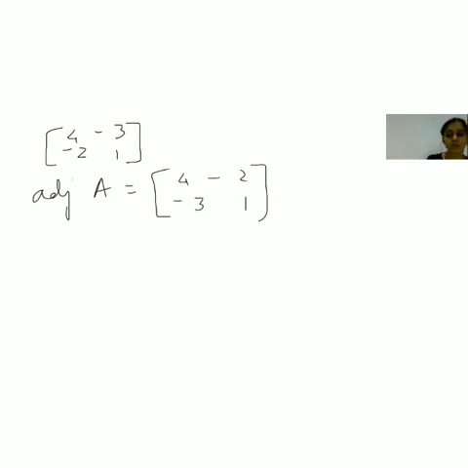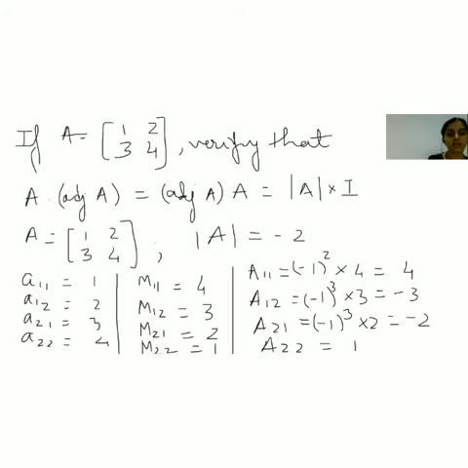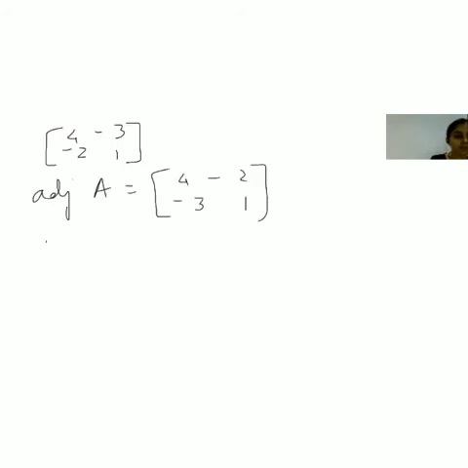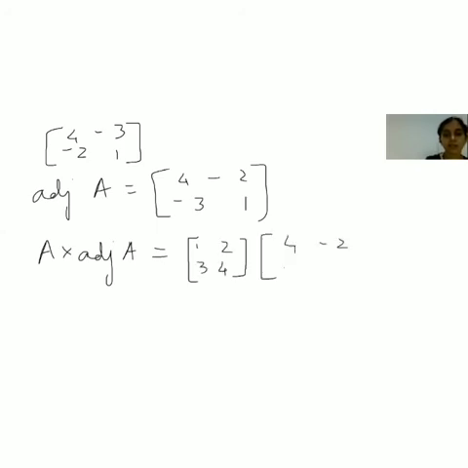Now, the first thing that is to be verified, A into adjoint of A. So A multiplied by adjoint of A is equal to, what is our A matrix? 1, 2, 3, and 4. What is our adjoint matrix? 4, minus 2, minus 3 and 1. Let us find the value. So how do we do this? Multiply row into column.